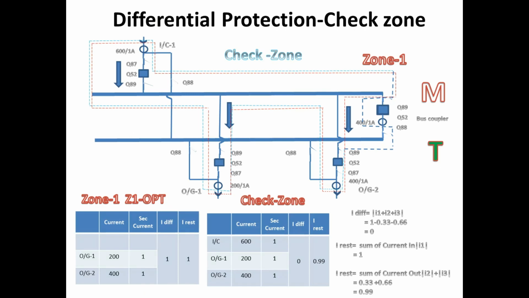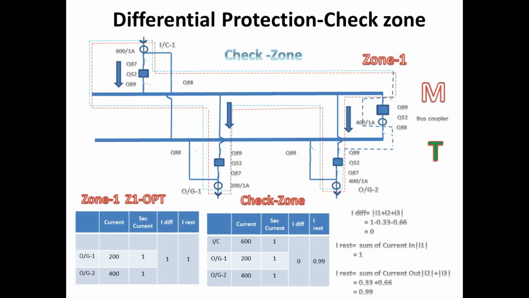The second one is the sum of current out, the feeders which are taking out. It will calculate sum of in and sum of out separately, and check which is the least value. Then the check zone will take this least value as the I restraint, so the I restraint over here is 0.99.